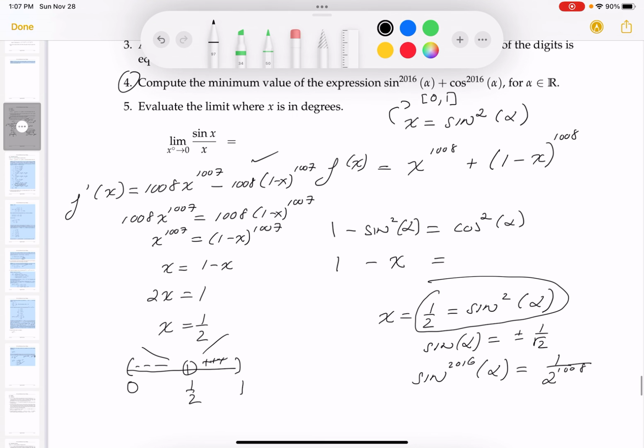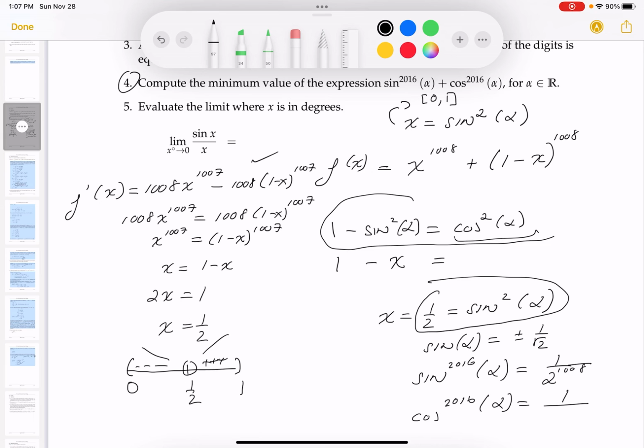Let's do the other guy, which is the cosine. And I think we did that over here, right? So the cosine of 2016 alpha is going to be 1, and where's that? Oh, it's right over here. It's going to be the same thing.